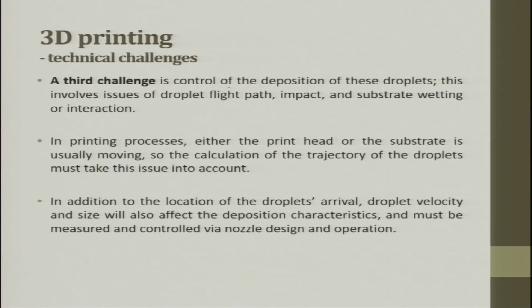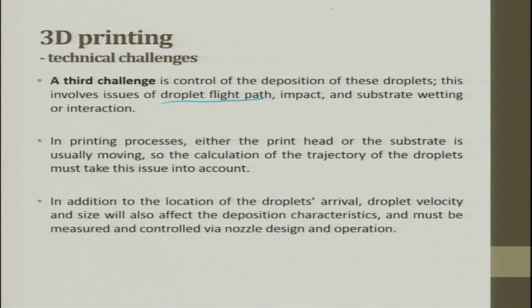A third challenge is controlled deposition of this droplet. This involves issues of droplet flight path, impact, and substrate wetting or interaction. When the droplet falls from a certain height, how does it fall and how does it interact? In the printing process, either the printing head or the substrate is usually moving. So, the calculation of the trajectory of the droplets must take this issue into account.